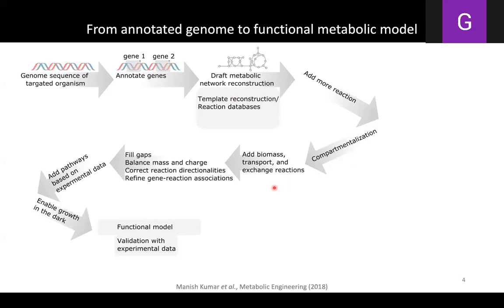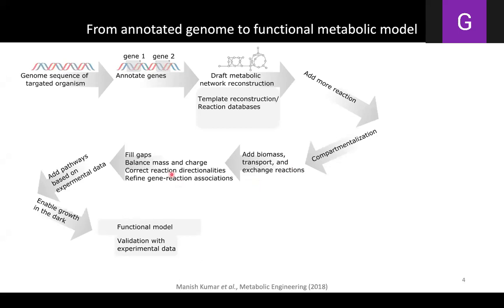We also need to add other metabolic reactions like transport reactions and exchange reactions. Exchange reactions are used to connect media metabolites to the internal metabolic network, and transport reactions define interconnectivities between different compartments.